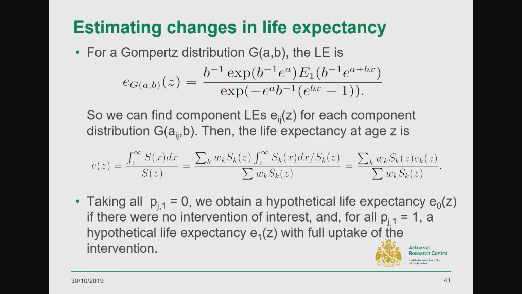And if we take all p's equal 1, we will obtain hypothetical life expectancy for a population where everyone is on treatment. And of course, we can calculate life expectancy for any intermediate value between 0 and 1. Okay?